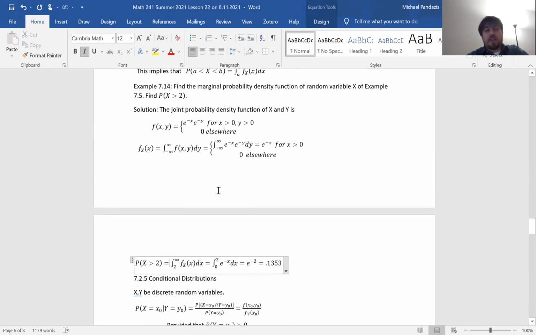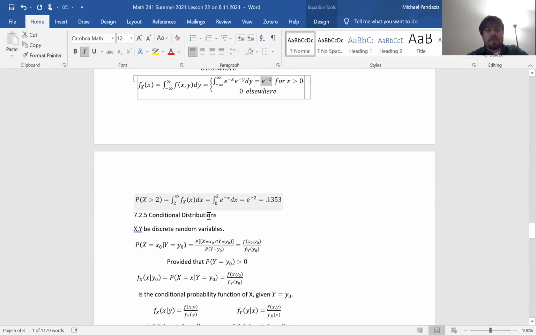And since we found this is e to negative x for x positive, and since when x is greater than 2, x is positive, we know that f sub x has to be e to negative x. It's not 0 there. So it's always e to negative x in this interval.